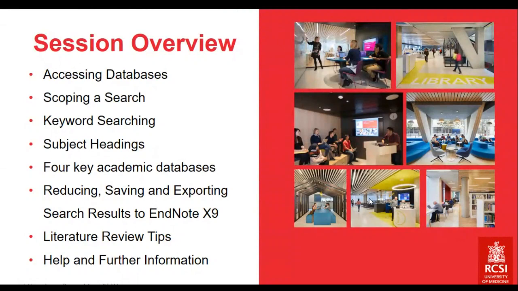I'm going to profile 4 of the key academic databases relevant for health sciences research projects. And I'm going to explain some of the practicalities about how you might consider reducing, saving, and exporting your search results. Basically, how to manage the results and the references that you will encounter through your research project.